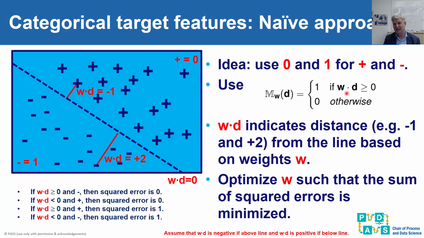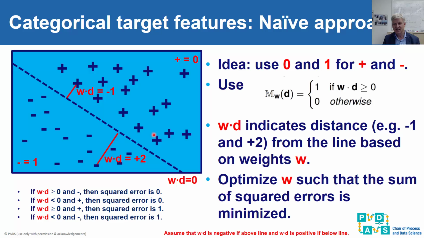And now we say if W times D is bigger than 0, so if this formula is bigger than 0, then we predict 1. In other words, we predict a minus. So here we assume that if this value is negative, we are above the line. If the value is positive, we are below the line. So if this is bigger than 0, we assume that we are below the line, corresponding to the class minus, which is encoded as 1.